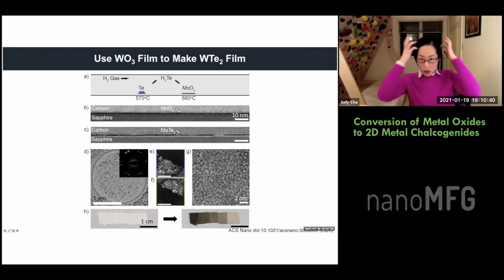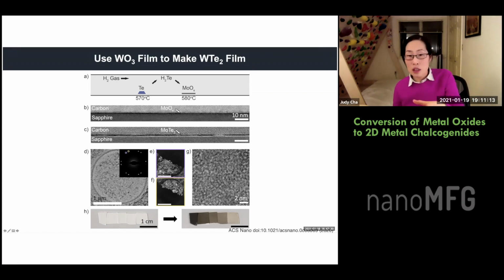We have a two-zone furnace with coils, so it's pretty uniform over a fraction of the coils in the center. It's also not as sensitive to the pressure, because this is almost atmospheric pressure, and we are flowing 100% hydrogen. There's no argon mixed here. When we convert the films, it's much more robust.